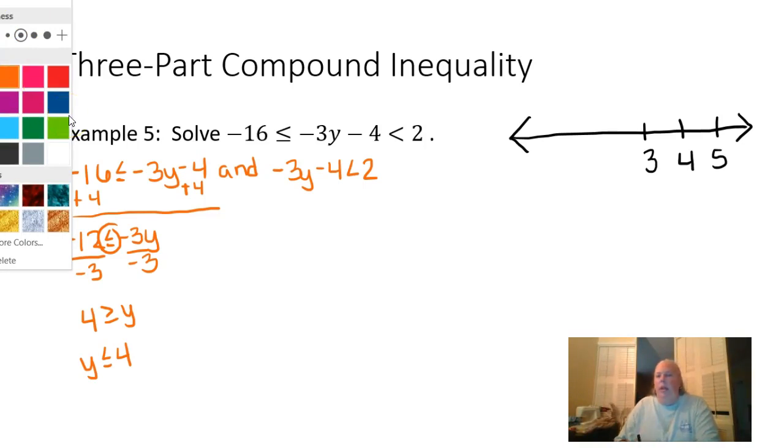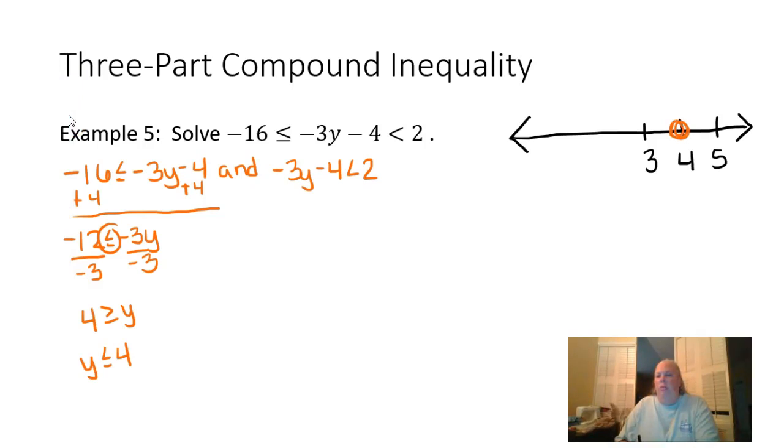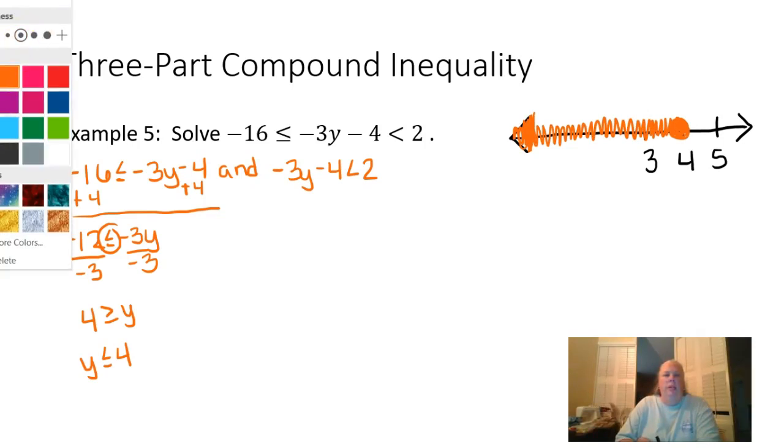We are going to put a closed circle on the 4 because of that less than or equal to, and we're going to shade to the left because we want all the numbers that are less than positive 4. Alright, now let's take a look at the other graph.